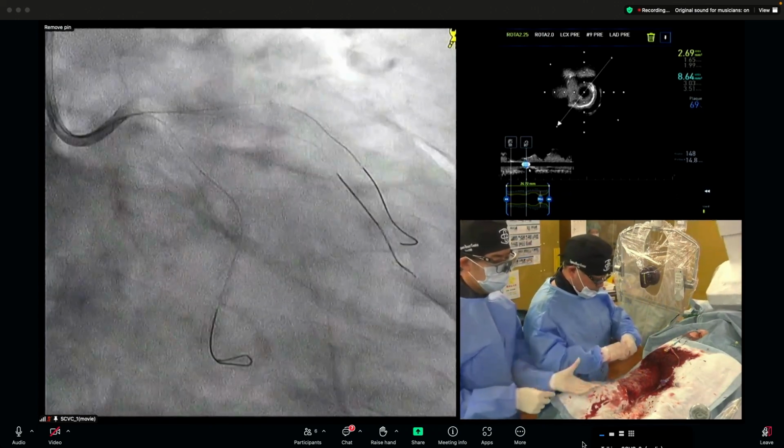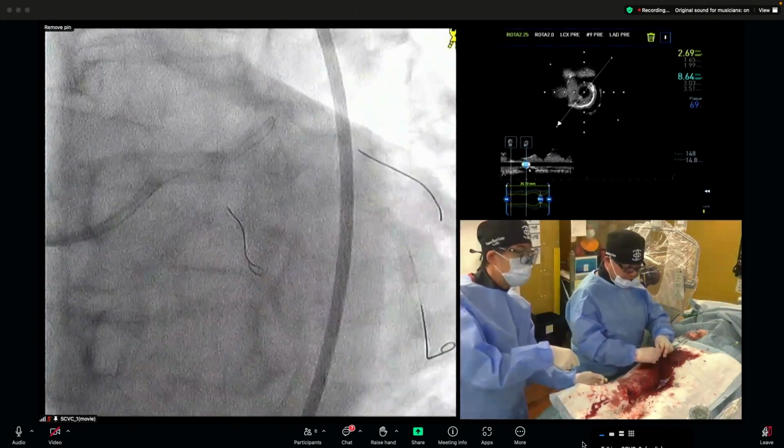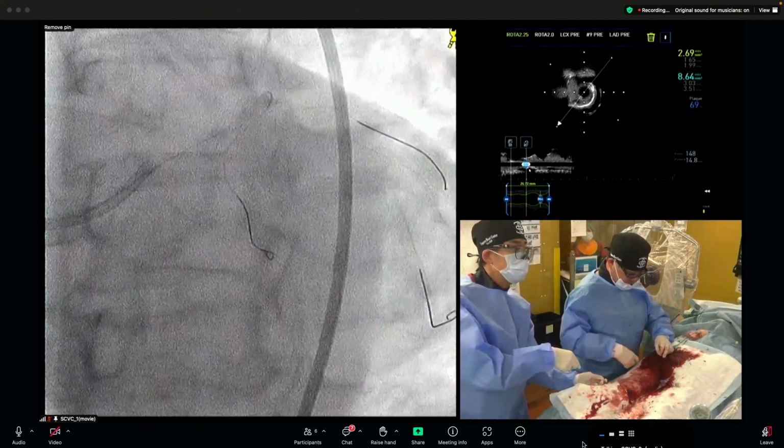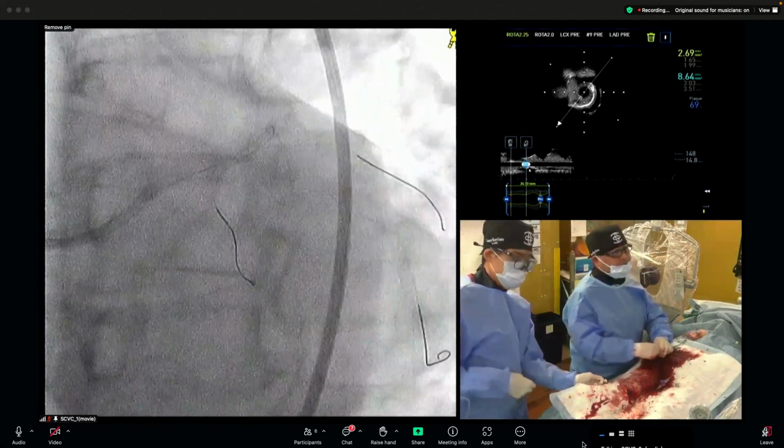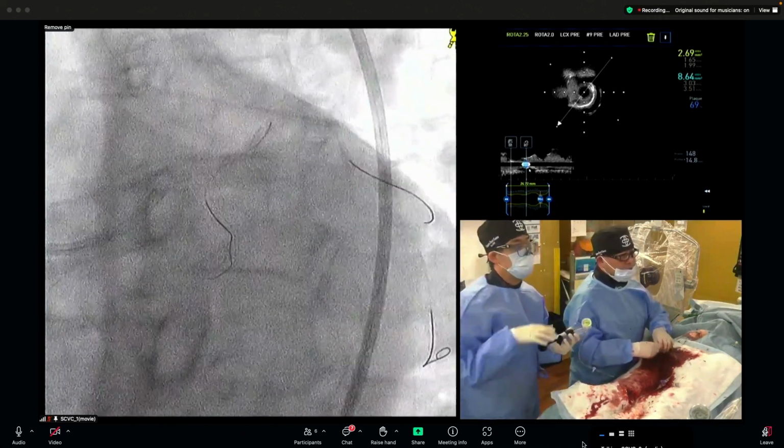When we consider severe stenosis with severe calcification at the side branch, of course we should perform rotablation if needed. So that is our style.